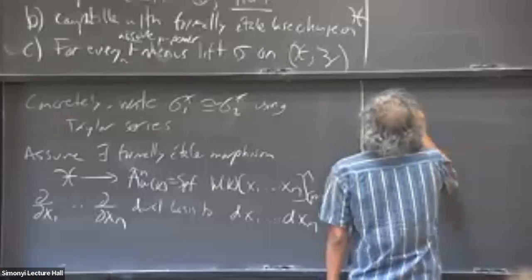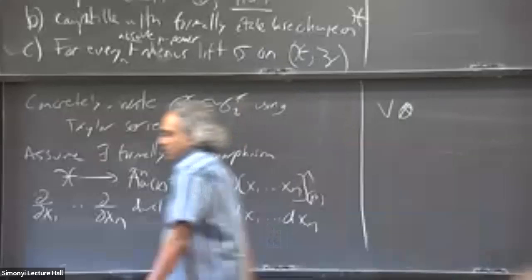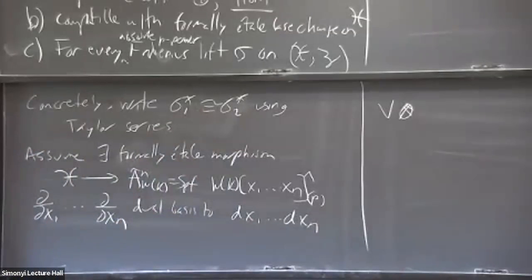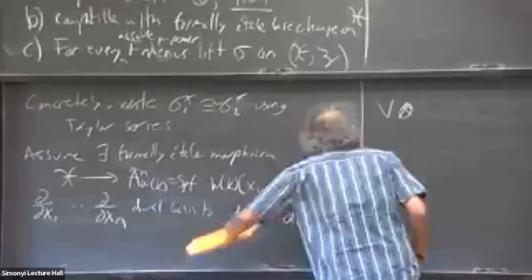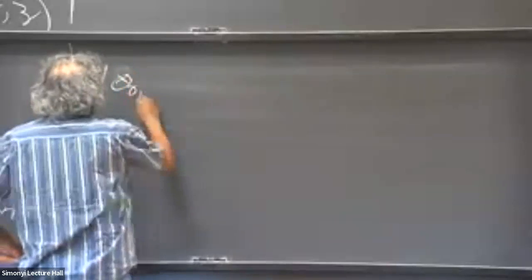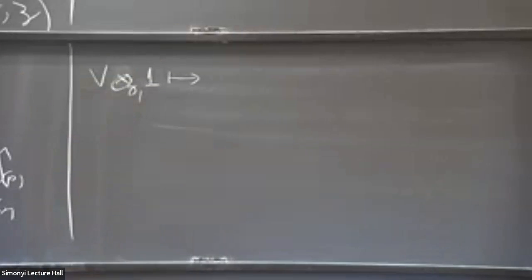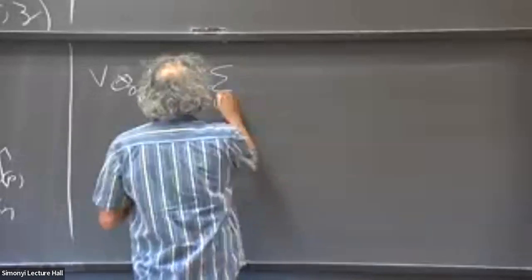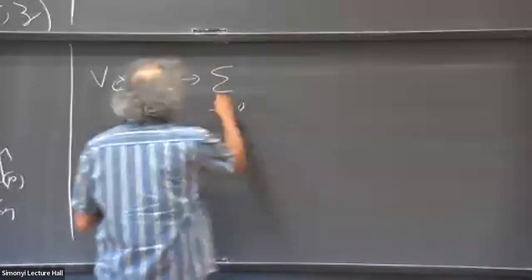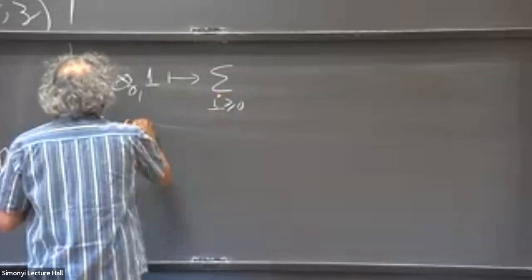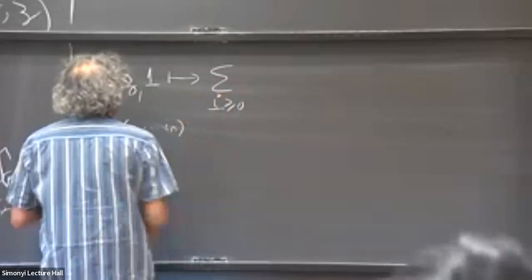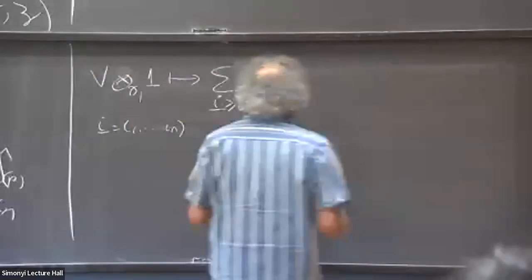And so the Taylor series description of this canonical isomorphism is that if I have some element of the pullback by sigma 1, so I'm going to write the tensor over sigma 1 with 1, this is going to map to the sum over the multi-index I = (I_1 through I_n).